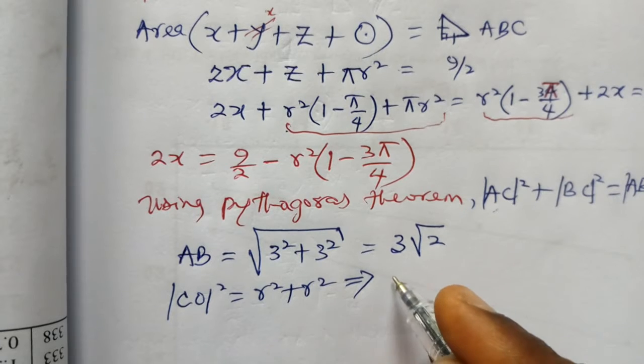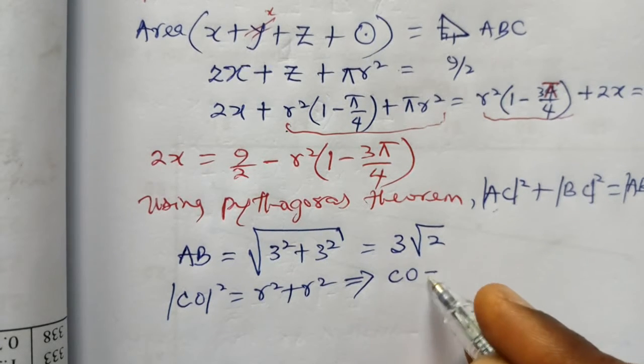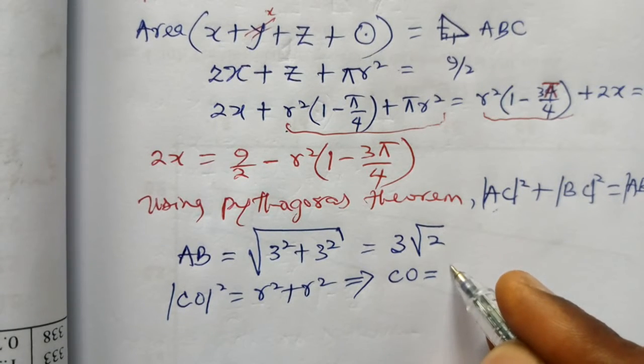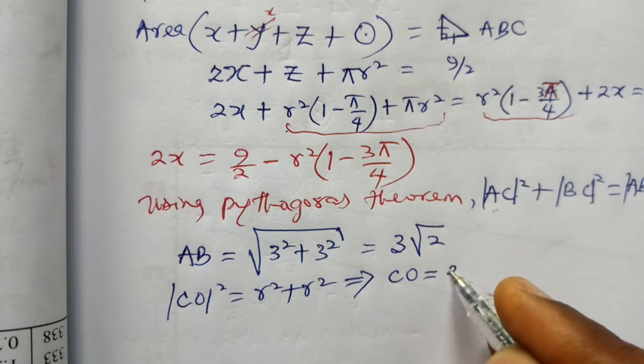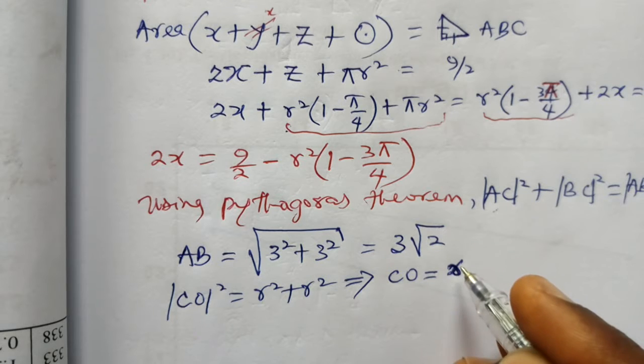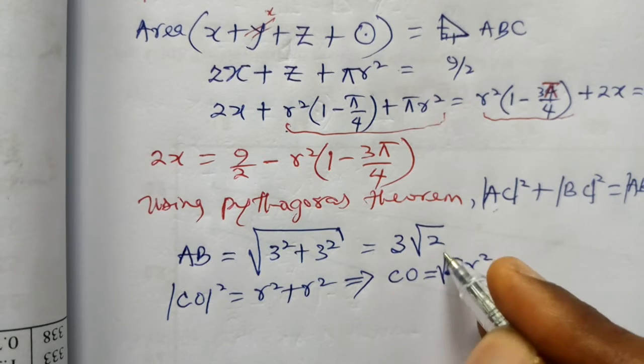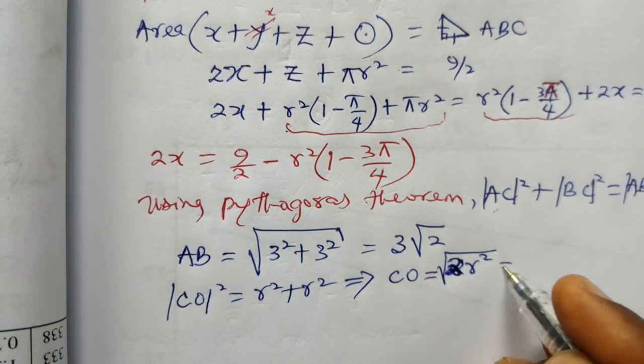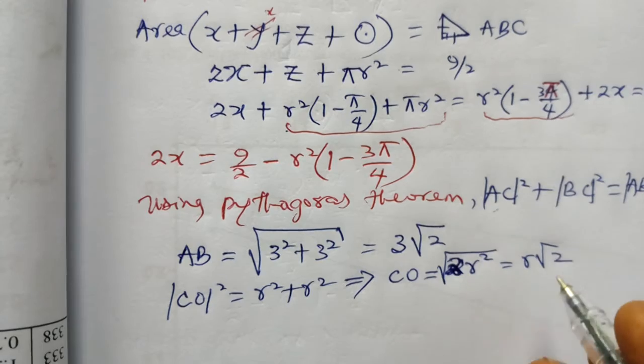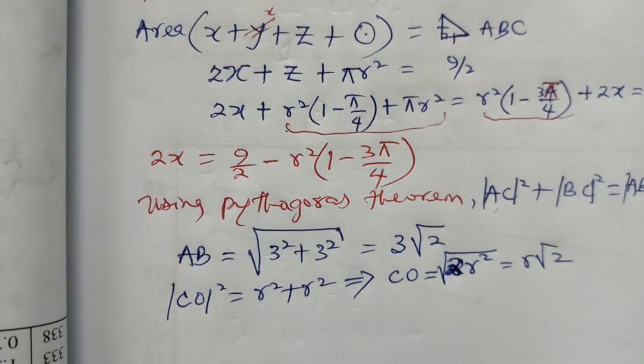This implies that CO is equal to r squared plus r squared, which is 2r squared, so root 2. That's what we have. So you have r root 2.